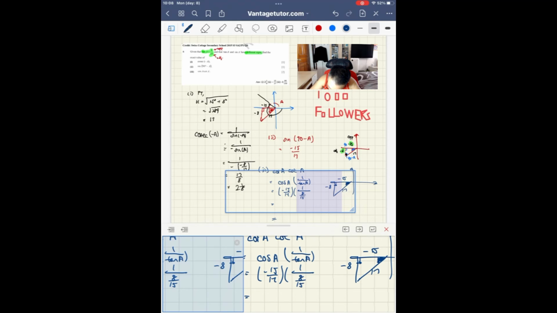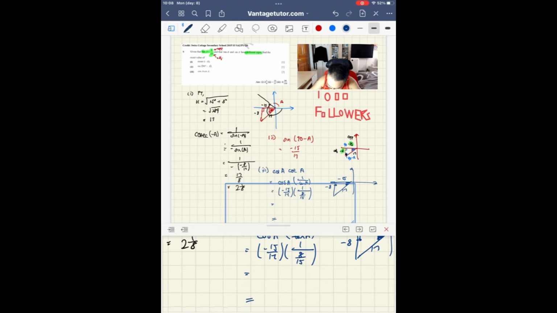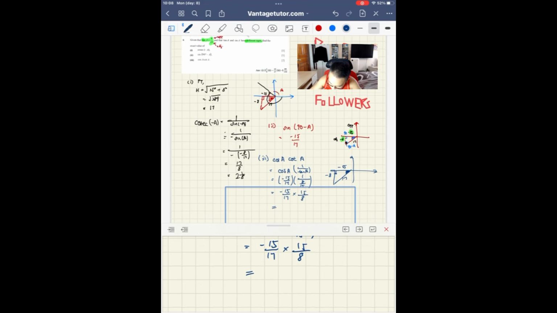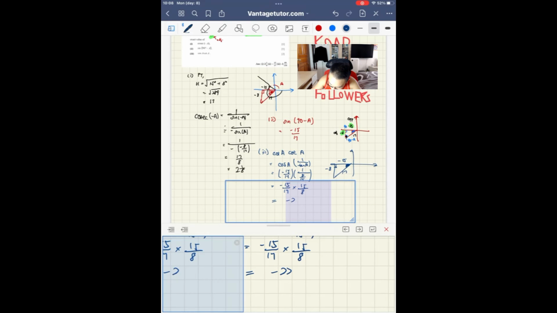So from here, just do a bit of algebra manipulation. Times 15 over 8. So 15 times 15, 15 squared is negative 225. 17 times 8, I don't have the value, so let me press the calculator very quickly. 136. So negative 225 divided by 136.